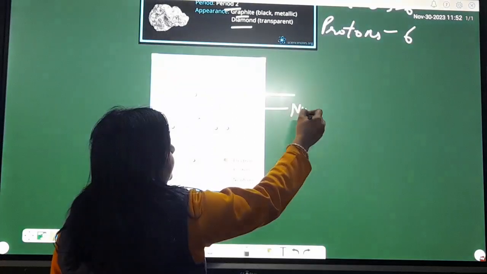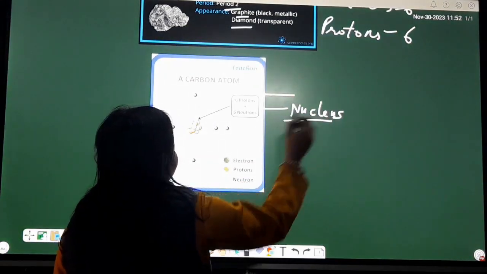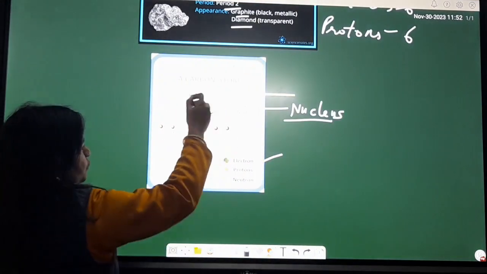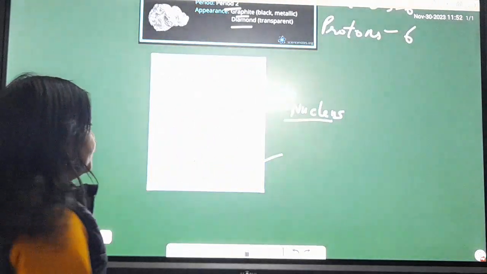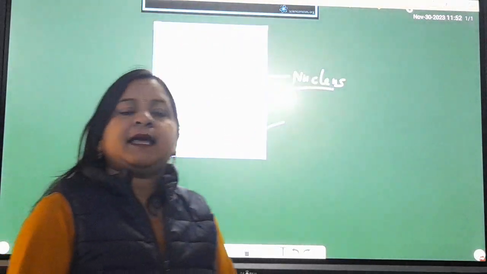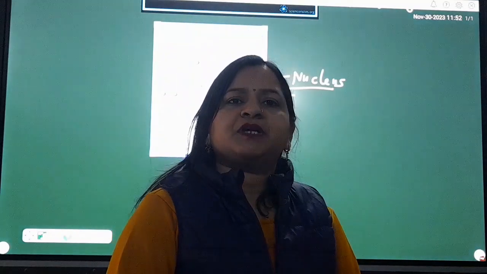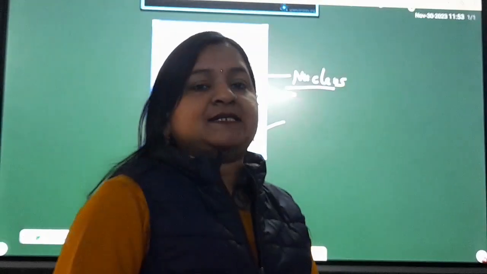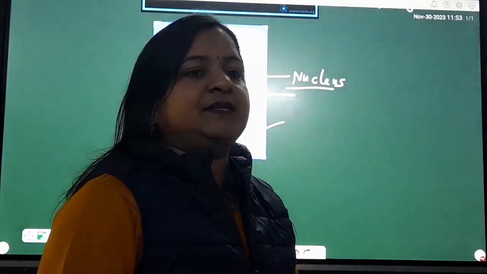This structure is the nucleus, while the electrons move around in the energy shells. As we know the rule for any atom of any element, it contains 2 electrons in its first energy shell, while the remaining electrons, maximum 8, can come in the second energy shell.